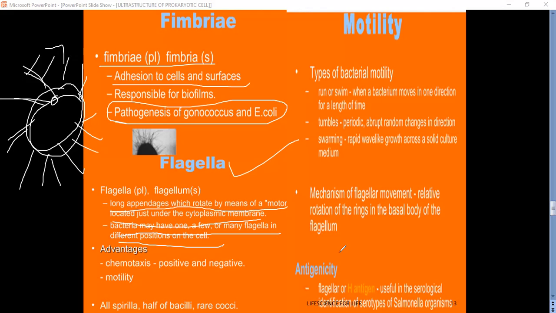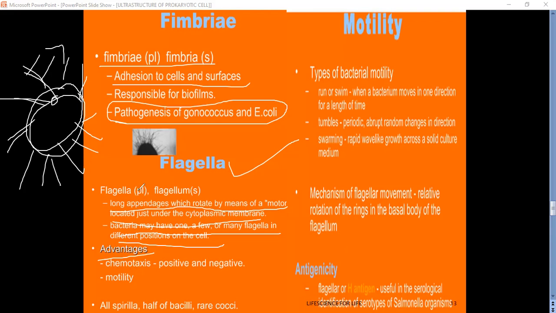Some have one flagellum, some have two flagella, and some have the whole body filled with flagella. Based on the position and number, we differentiate these bacteria into different types.